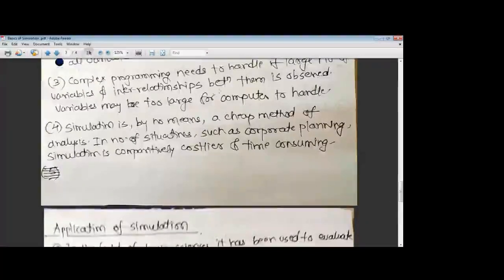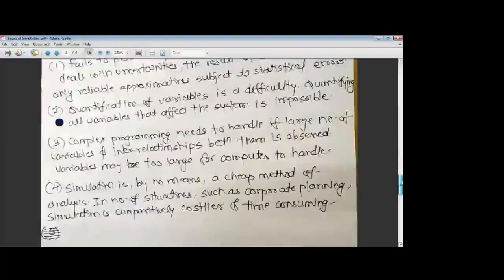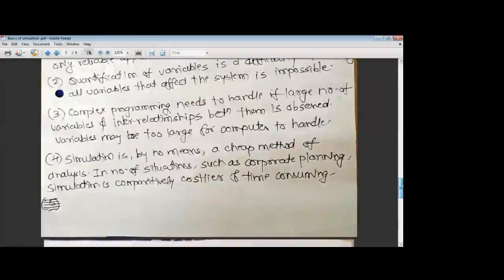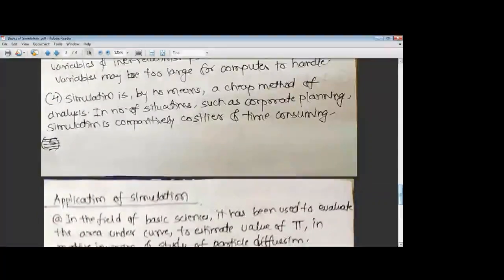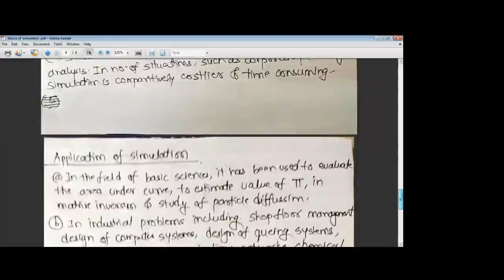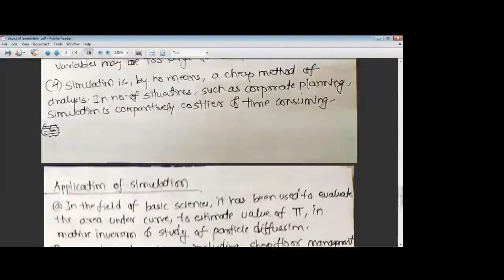Hence in many cases you require a supercomputer, right? People develop supercomputers just because there are a lot of variables and interrelationships that need to be handled. Simulation is by no means a cheap method.